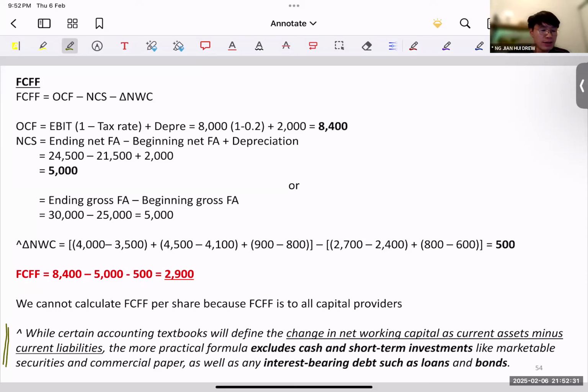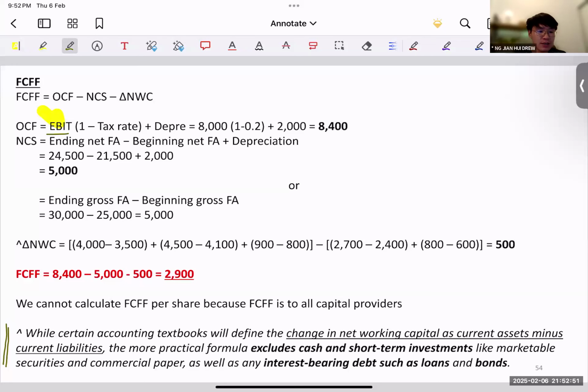All right. So for FCFA, recall that our formula has three components: the OCF, operating cash flow, NCS, which is your capital spending, and your change in net working capital. So for your OCF, I use the EBIT formulation.